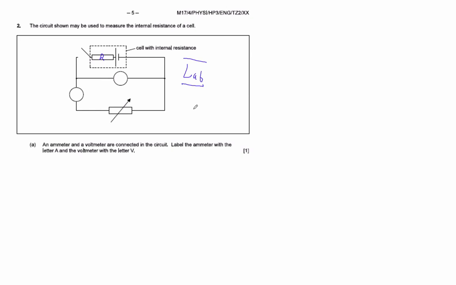Basically you're supposed to put an A or a V into these circles, depending on which one's the ammeter and which one's the voltmeter. Remember that to measure the current, ammeters are hooked in series with a load, and voltmeters are hooked in parallel.